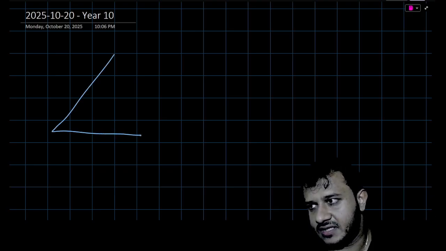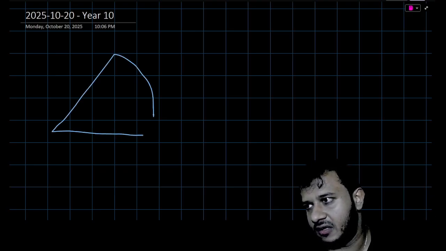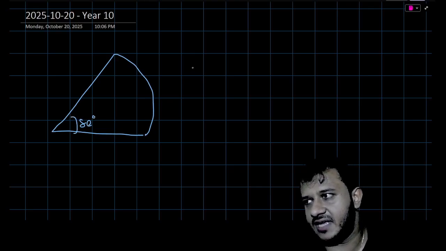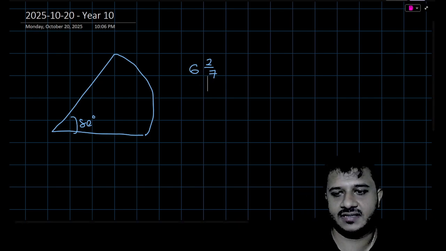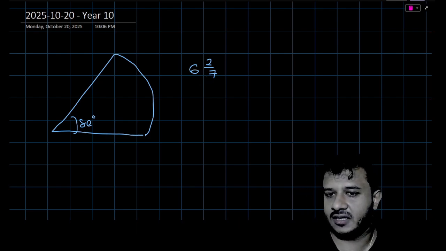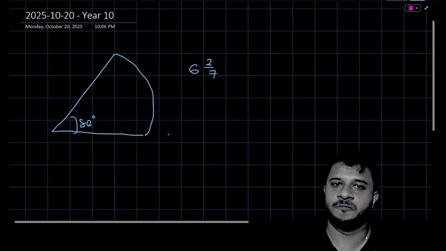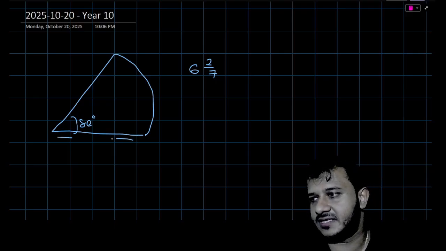There's a sector with 80 degrees, and its area is 6 2 over 7, and they are asking me to find what? They are asking me to find the radius of that circle.